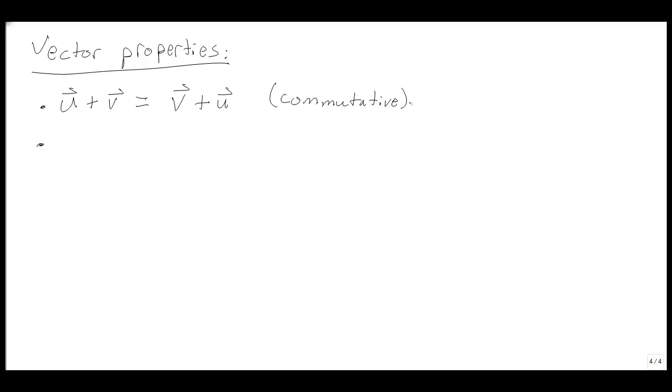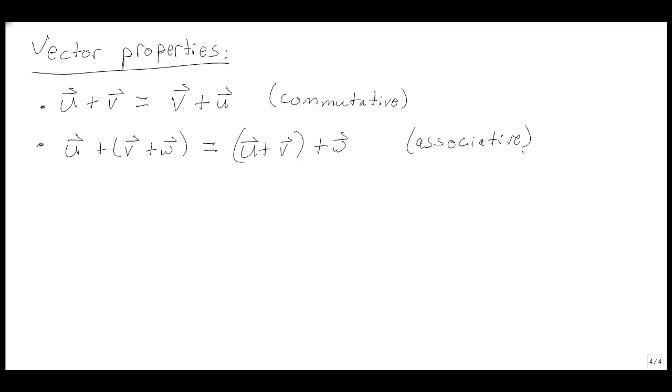Another property is that if I do u plus the vector v plus w, that's going to be the same thing as doing u plus v first and then adding w. So add v plus w first, then add u, same thing as add u plus v first and then add w. This property, we've seen before, is called associative.